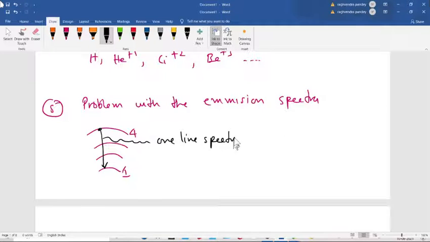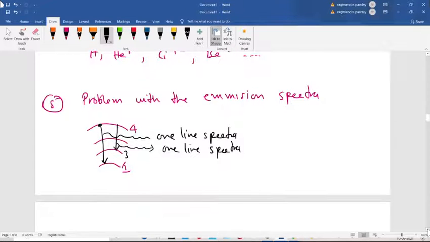One line means one type of energy. If an electron goes from 4th to third energy, then it gives one line spectra here. So we are getting a single line, that is okay.